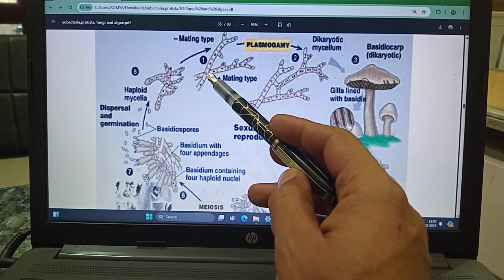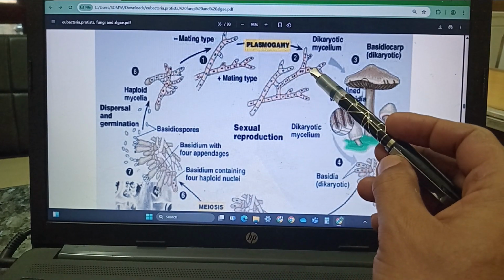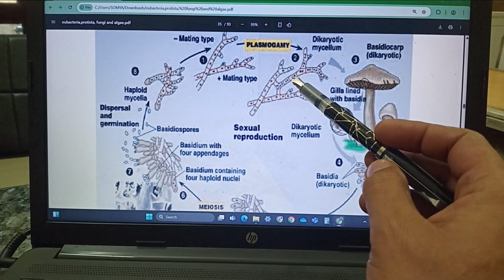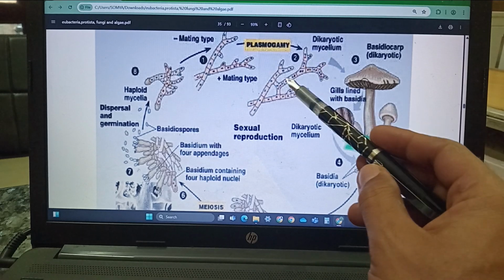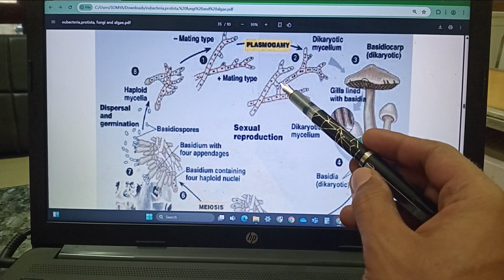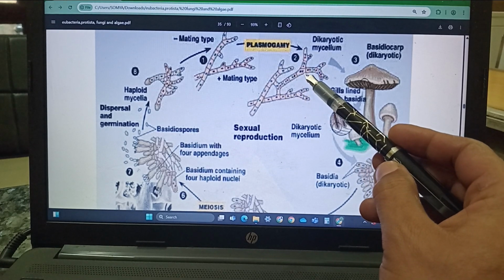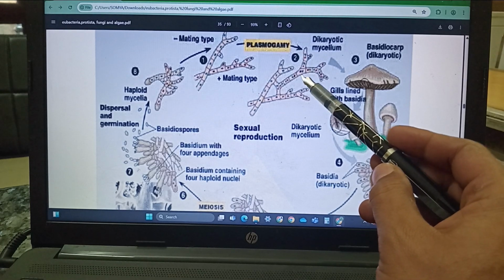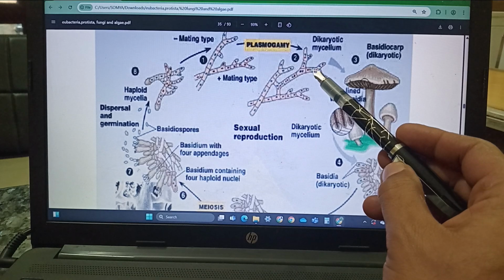So they are fusing at this point, resulting in the diploid cells. Here we are seeing in the basidiomycetes the intervening dikaryotic stage occurs, in which each cell has 2 nuclei. This condition is called dikaryon, and this phase is called the dikaryophase of the fungus.